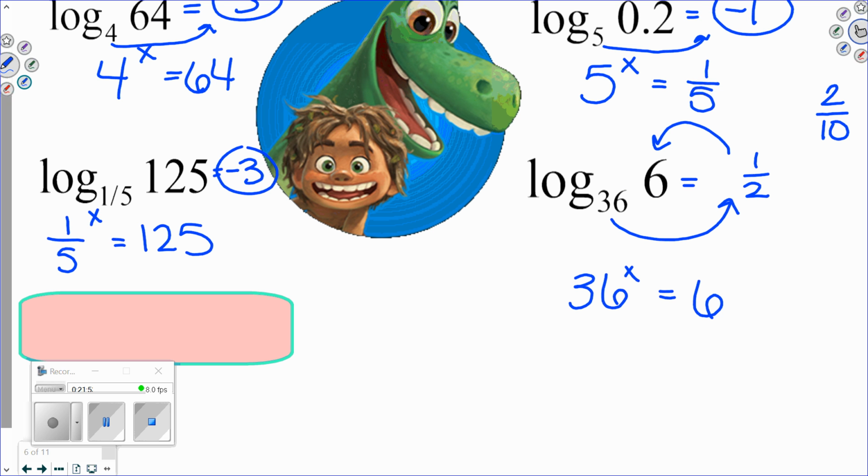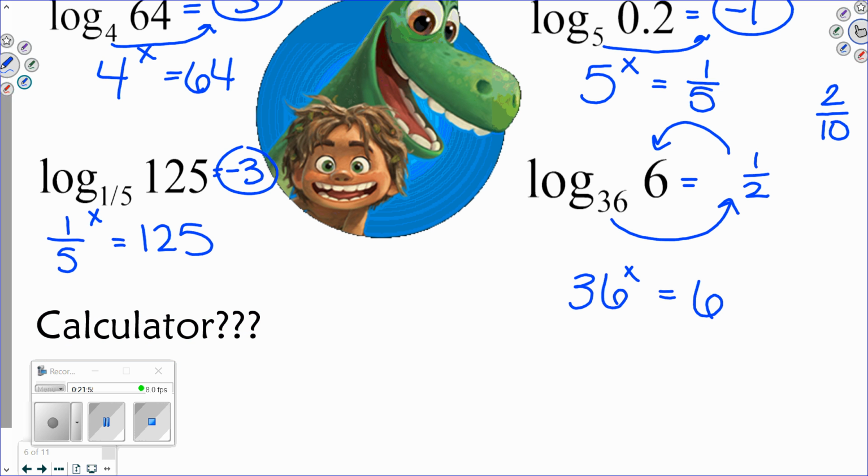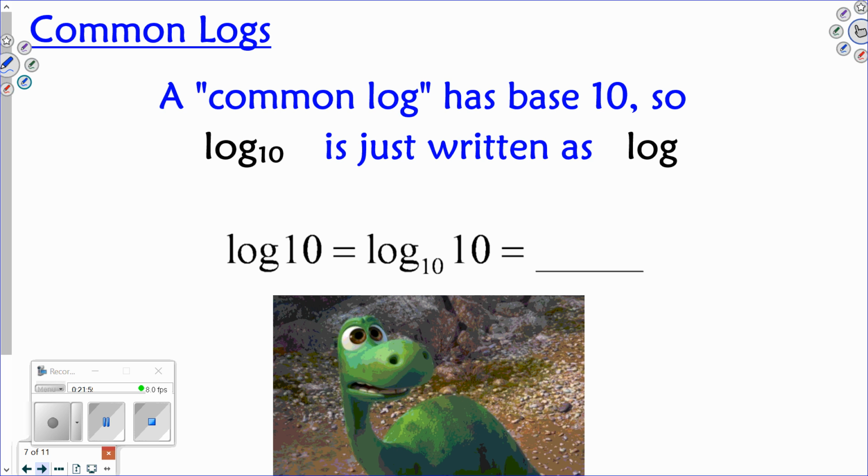We okay? See, this is where I was going to talk about the calculator. We already did. The calculator, it is referred to as a common log. So we have unspoken numbers, right? We talk about the unspoken 1. We have an unspoken 2 in square roots. We have an unspoken 10. Isn't math fun? All these unspoken things.